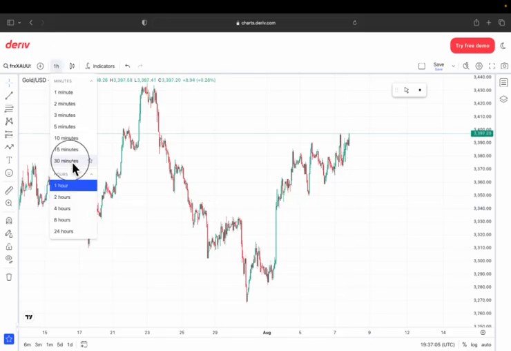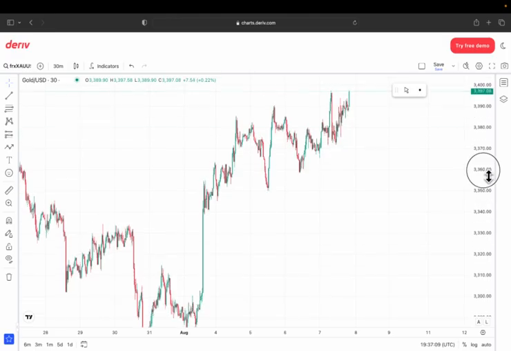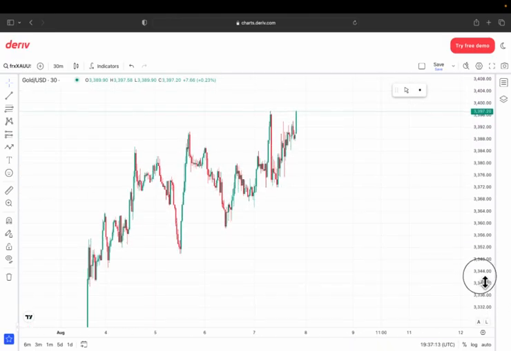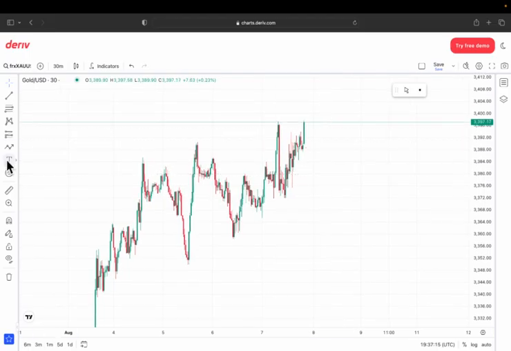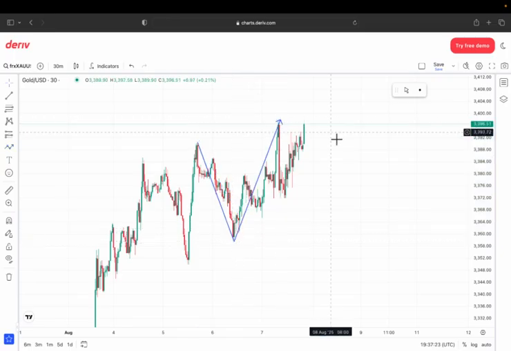Now we have qualities to know that this is a proper break of structure. I don't want to use some terms so as not to confuse you, but we will get to that soon. Now this is an example of what I'm talking about. This is a break of structure 1.